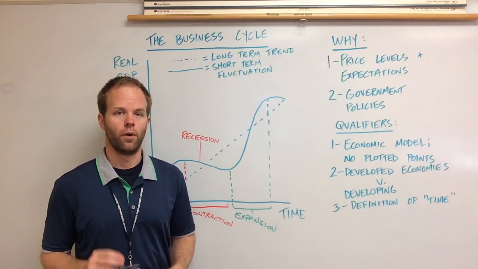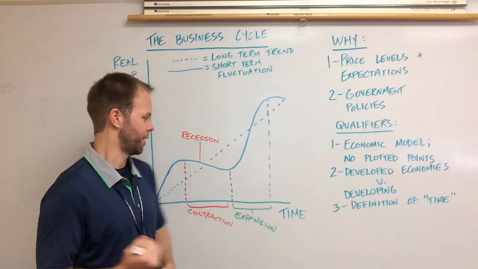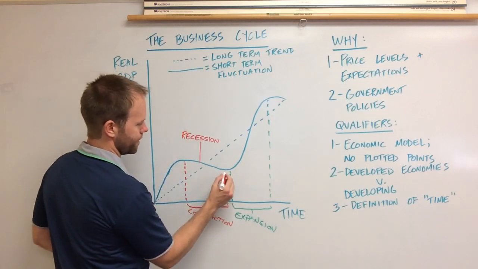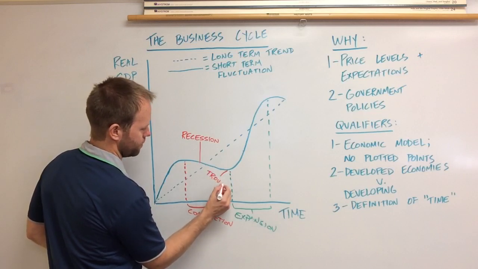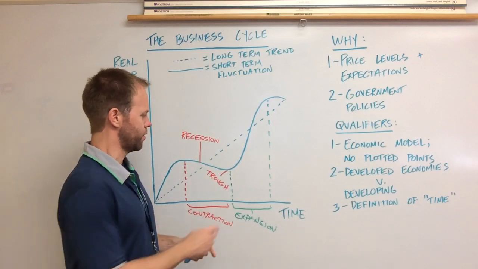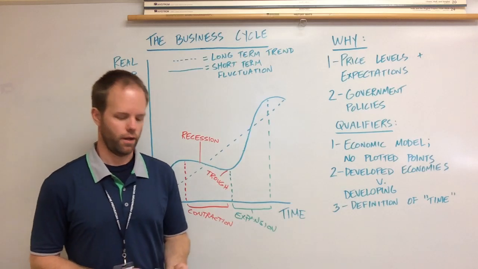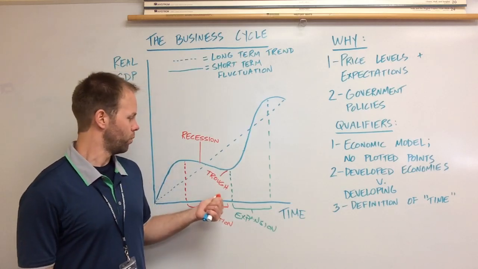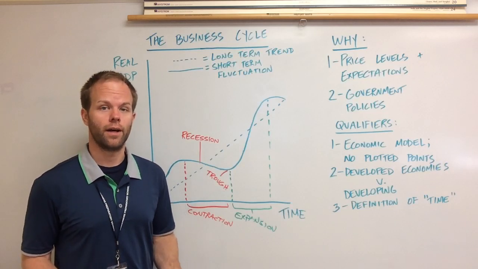Okay? So the very bottom of a recession, which we would identify as here, we're going to say this is a trough. As in, this was the worst time before it got better. The most recent trough that we've had would have been in 2009.